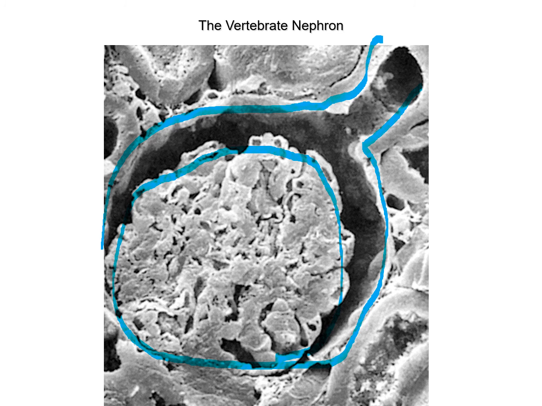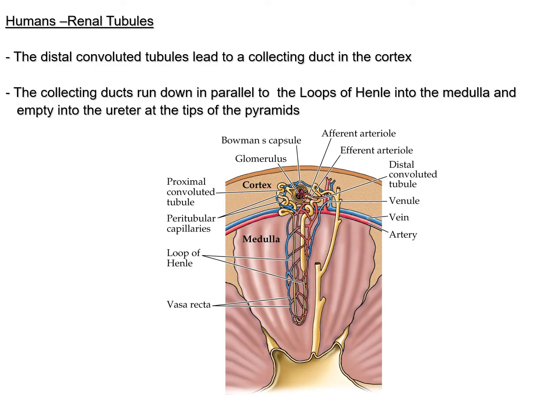So this glomerulus is filtering the plasma, and the filtrate is forming in this space here in the Bowman's capsule, and then heads down the proximal convoluted tubule. And the end result is that urine, the final product, comes out here.